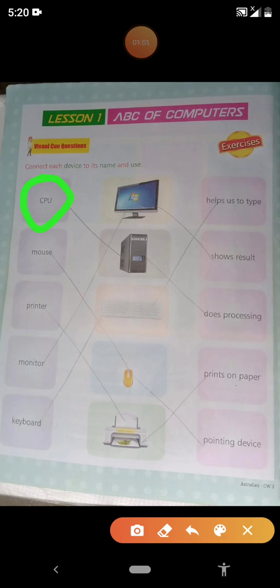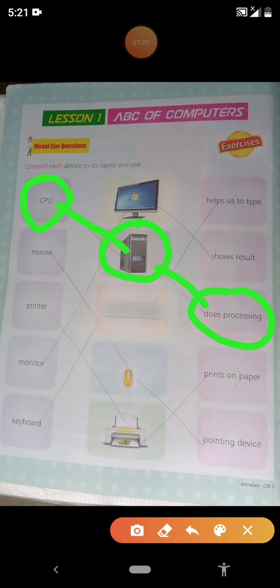Here, where is the CPU? This is a CPU. So CPU, what is the work of the CPU? It is processing. So like that you have to match. So this page, all the questions you can write because these are all the parts. So we have learned about the parts.